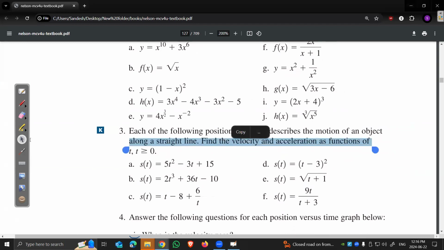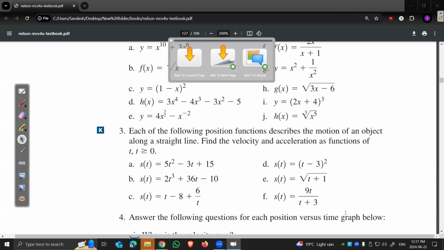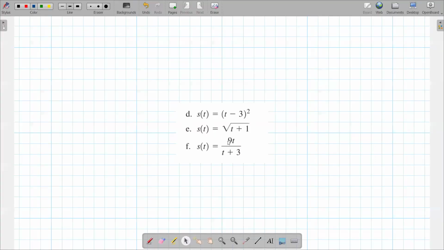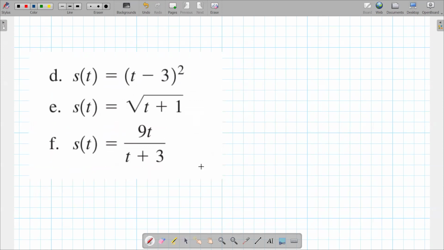Describe the motion along a straight line. Find the velocity and acceleration functions. Looks difficult, not that difficult. So here, D. It's asking us to find velocity. We know velocity is the first derivative of the displacement function.